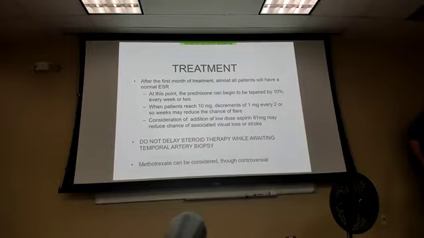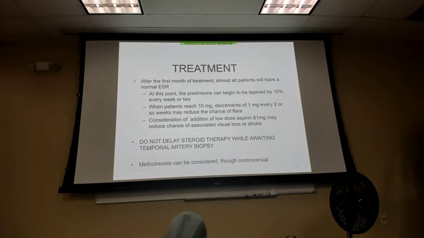At this point, the prednisone can begin to be tapered by 10% every week or 2. When the patients reach 10 milligrams, decrements of 1 milligram every 2 or so weeks may reduce the chance of flare.